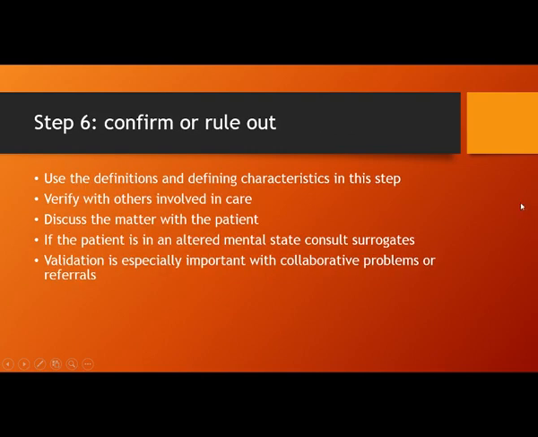Confirm or rule out the diagnoses. Use the definitions and defining characteristics in this step. And then another thing to do would be to verify with others involved in the person's care. Now, that wouldn't be your first step.